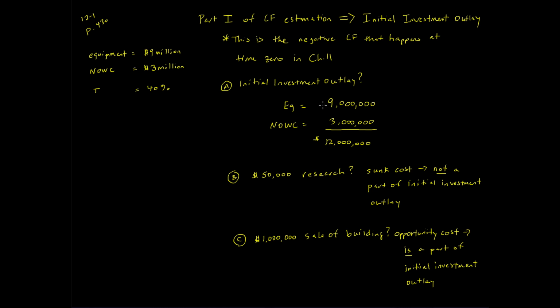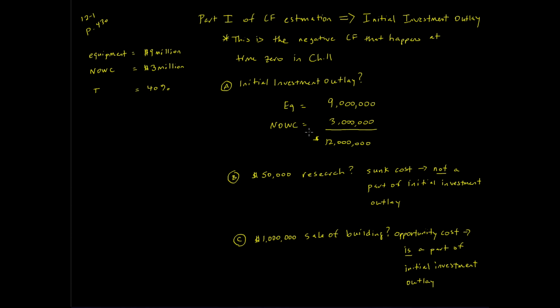Parts B and C, a couple of terms that you're going to need to know. These are on the quiz. Part B says, the company spent and expensed $50,000 on research related to the project last year. Would this change your answer? In other words, should this $50,000 be included in my initial investment outlay? And the answer to that question is it should not.